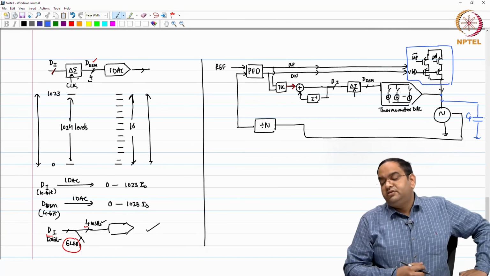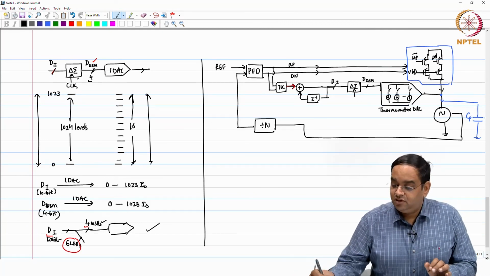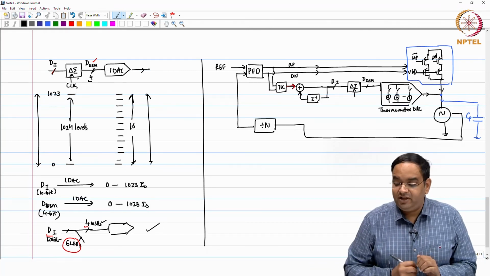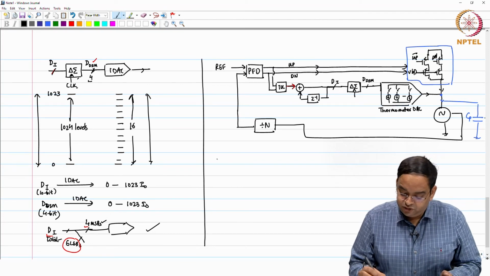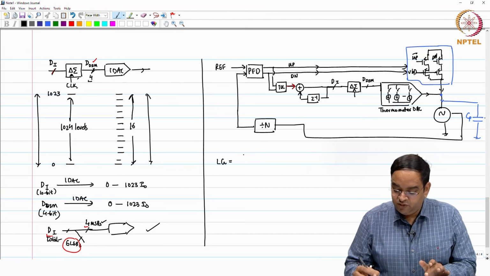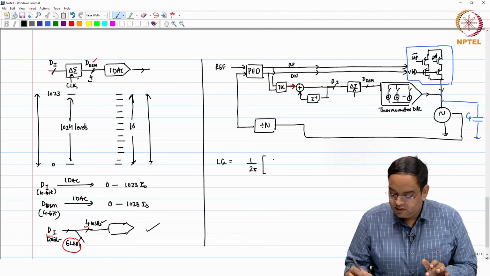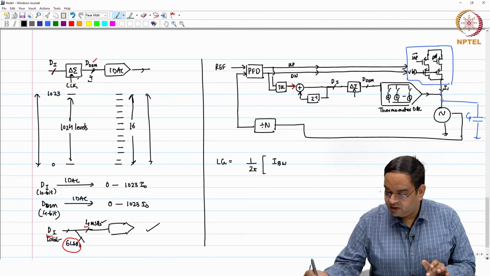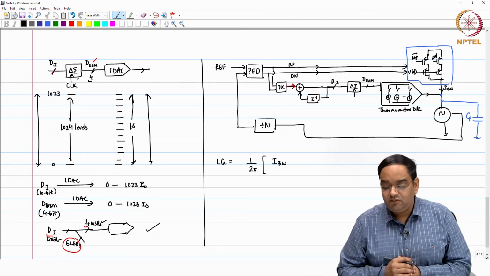So, what happens is your loop gain transfer function now, let us say you have whatever current gain you are adding here. The change in the loop gain you will see, I am going to have 1 by 2 pi times our I bandwidth. I bandwidth is the current which will come, the gain of the proportional path with respect to up and down.